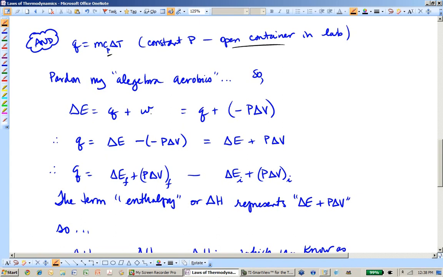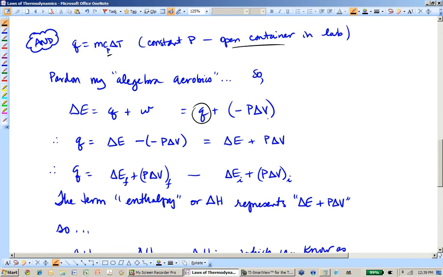So I'm just going to sub in the fact that W is equal to minus P delta V. So that means delta E is also equal to Q plus a negative P delta V. Therefore, just rearrange and solve for Q. Q is equal to delta E minus a negative P delta V. When I distribute that minus sign across the P delta V term, don't I get a positive sign? Isn't minus a negative a positive? So delta E plus P delta V is also equal to Q.